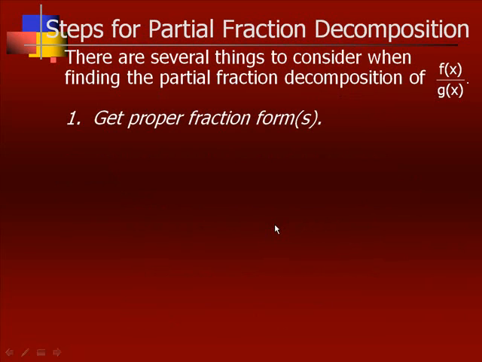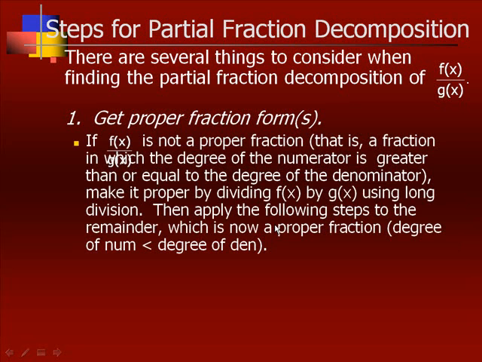Now, there are several things to consider when finding the partial fraction decomposition of f of x over g of x. The first thing is we need proper fraction form.